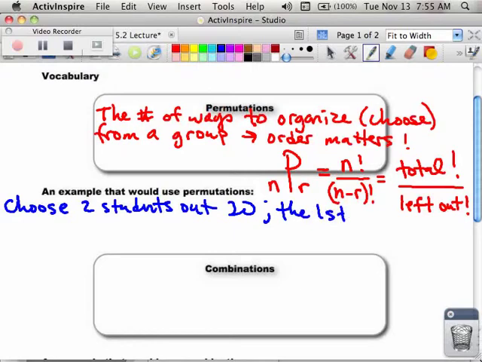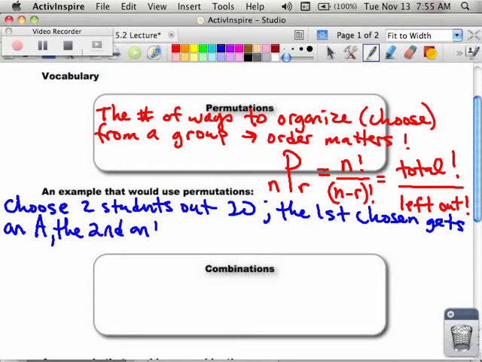The first chosen gets an A. The second, an F. The way that you would write this down is 20 P 2. Or in other words, 20 factorial divided by whatever is left over, which would be 18 factorial.